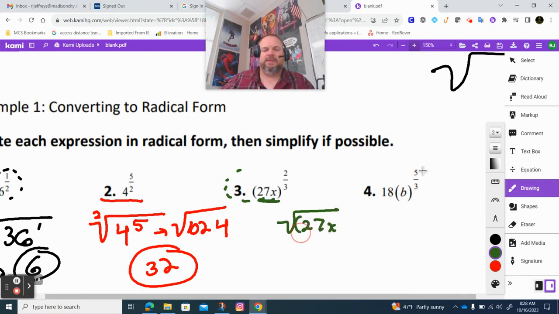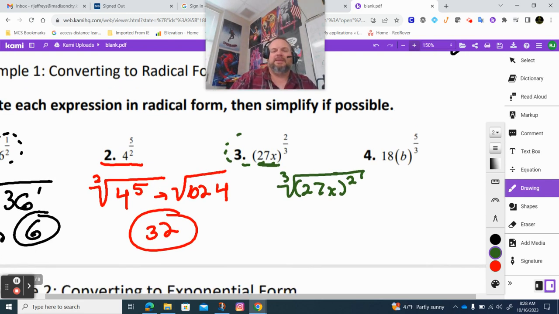This whole thing is being squared, and it's to the third power. I don't know if we can actually reduce that. 27 squared. We can, but I'm not going to really worry about that right now.